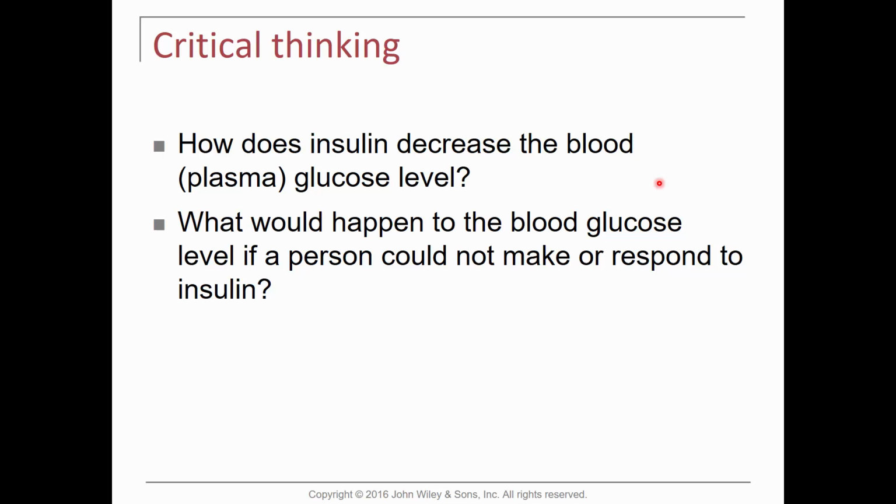All right. Now, how does insulin decrease the blood glucose level? Well, one of the major ways is that it helps cells use glucose by helping the glucose to get into the cell.